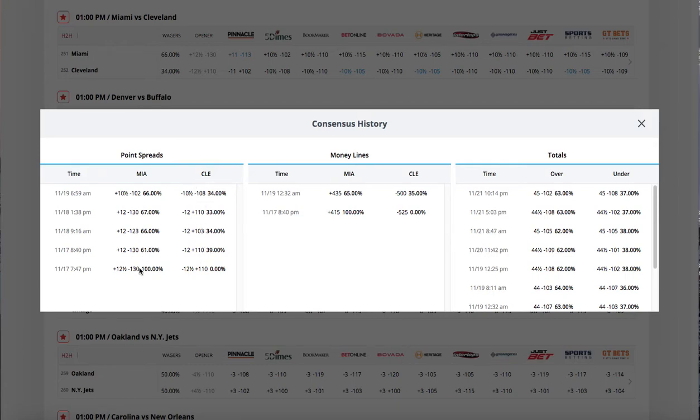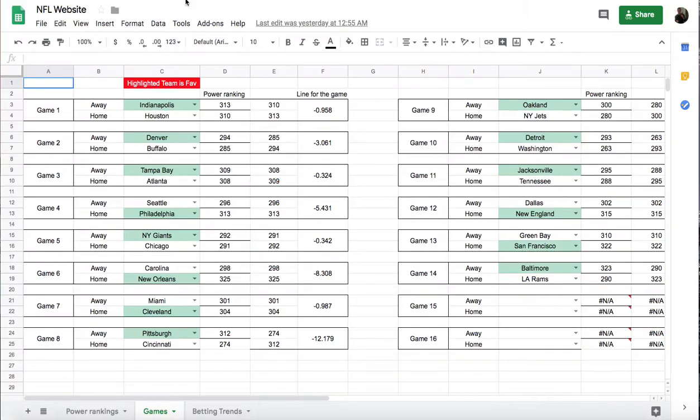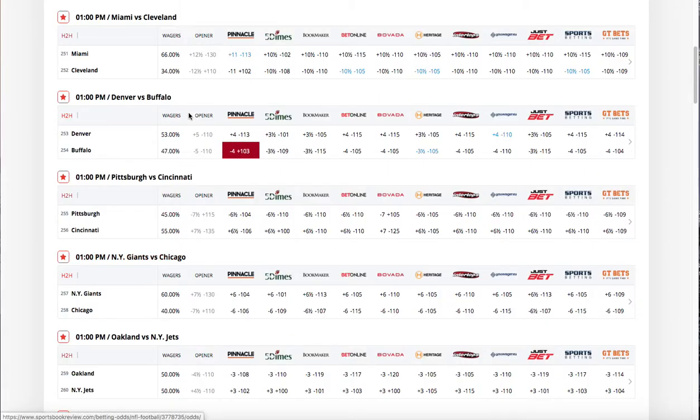Now, for you, the sports bettor, let's make it realistic. These are our power rankings, and we have this game with Cleveland at basically minus 1. Let's say you had already done your handicapping, maybe before the line comes out or close to that, and thought, I think I'm going to play Miami here.